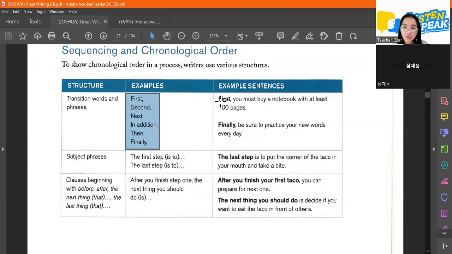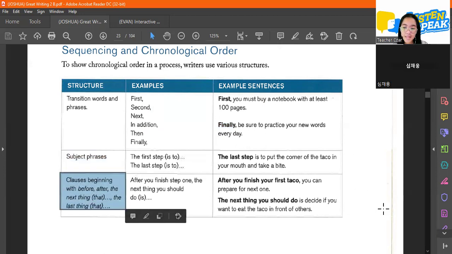For example, first is the word that you use if you want to give the first step. And finally is used when you already have an answer on those processes. Another one, you have subject phrases and the closing clauses beginning. Any questions about those?